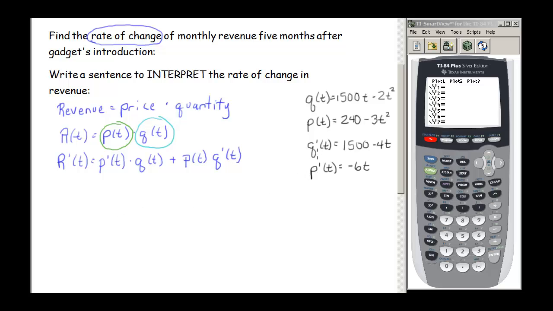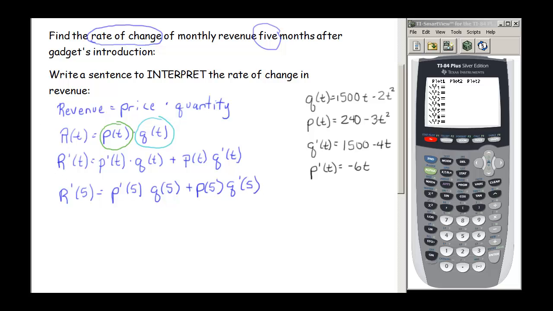Okay, now we could go through and plug in all of these functions and come up with a function in terms of t, but we've done some of the work already. So if I'm supposed to find this rate of change in revenue at 5, what I'm trying to do is find R prime at 5, which is P prime at 5 times Q at 5 plus P at 5 times Q prime at 5.